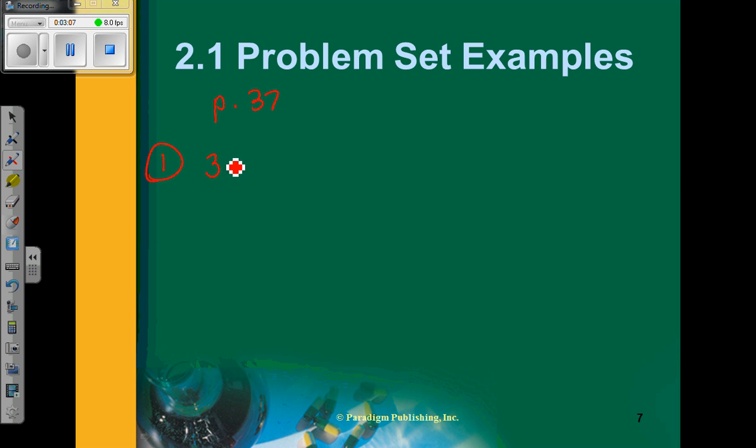Number 1, the ratio is 3 to 7. So if we wanted to convert that over to a fraction, you would put 3 as the top number, and we would use the colon as your line, and a 7 as your bottom number. Okay. And that one is actually already reduced down to its lowest terms.